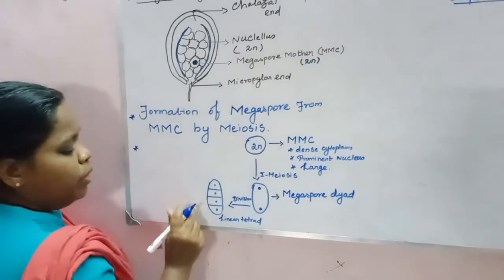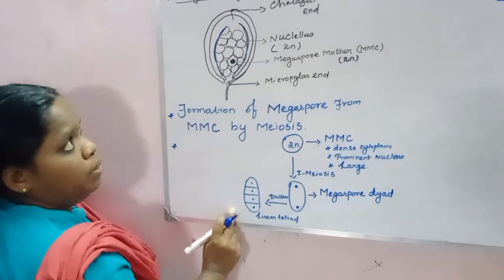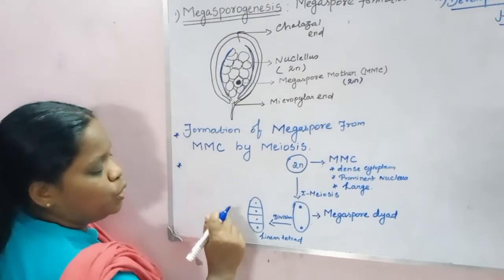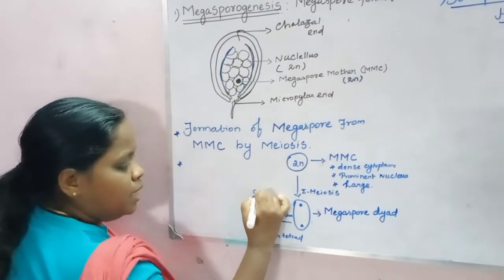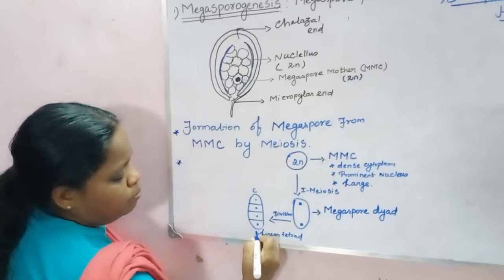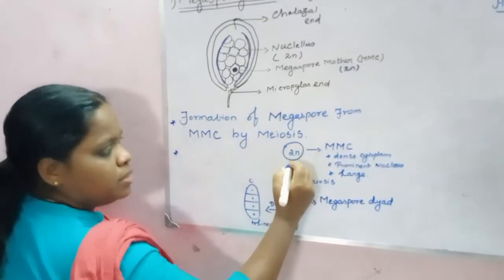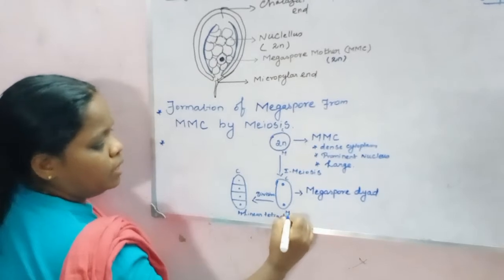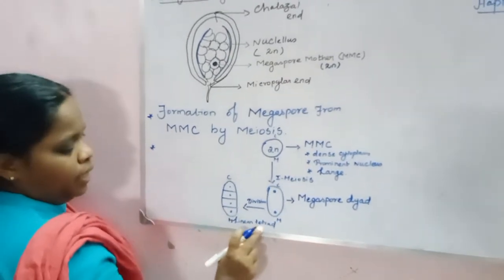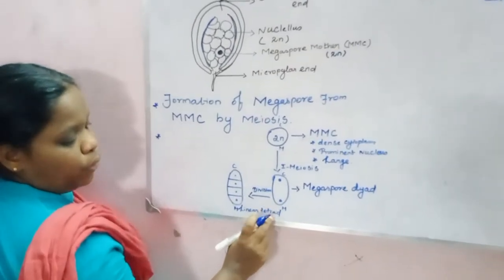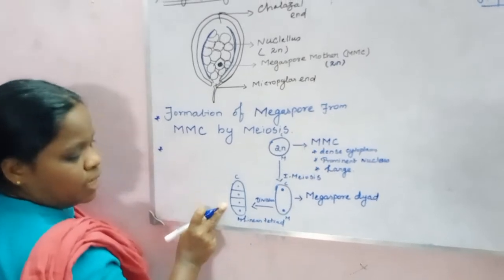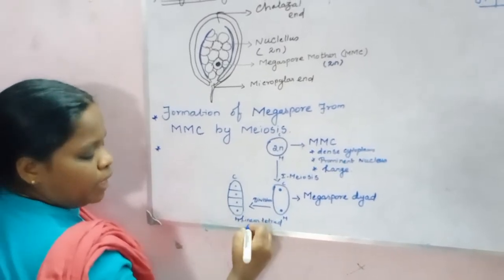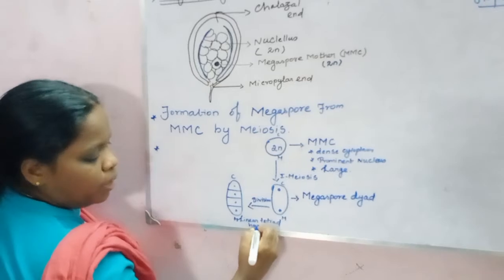When you are drawing this diagram of megasporogenesis, you should mention the chalazal end and the micropylar end. In the linear tetrad, four megaspores are present, all haploid in number.